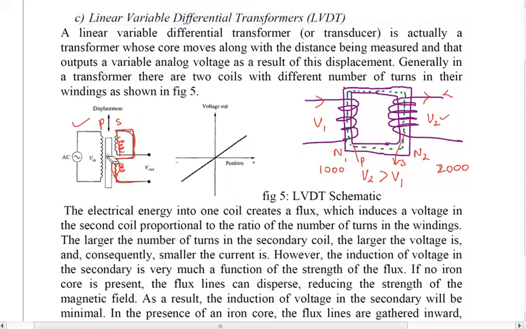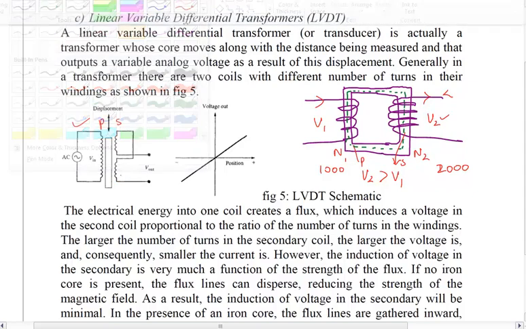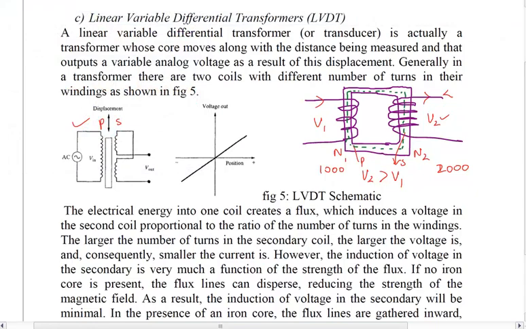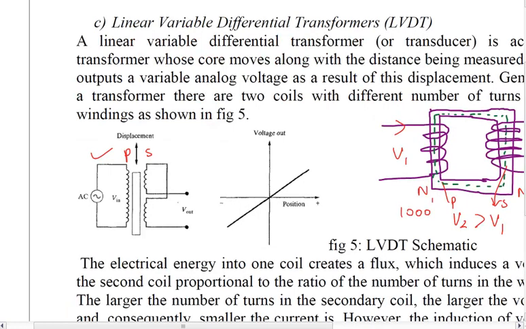And the winding is in such a way that the voltage that is developed here, let me write it, again let me zoom in, okay. The voltage that is developed here, let us say this is V1 and this is V2. The winding is of such nature that V out is basically going to be V1 minus V2.